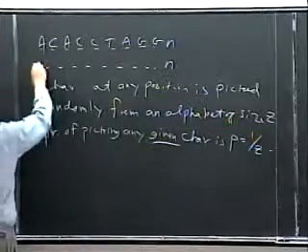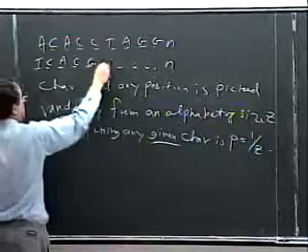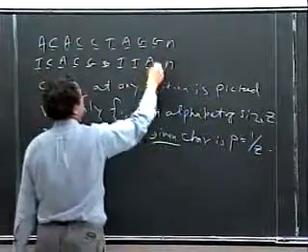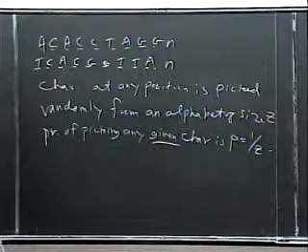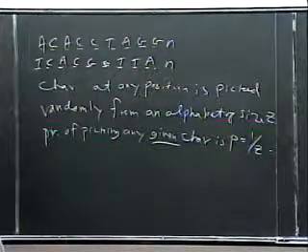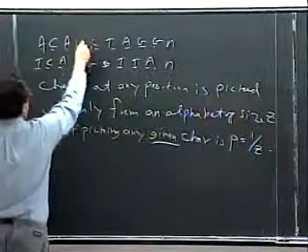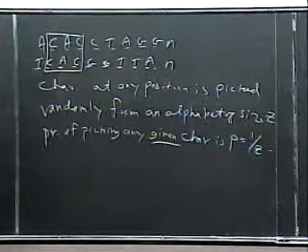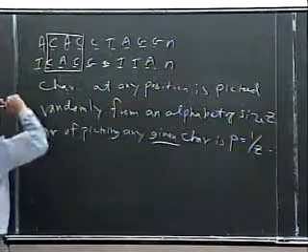And then I have T, C, A, C, G, G, T, T, A, and is there a common substring longer? Oh, look at that. I did this one without paying attention to this at all. And here's one. Now, of course, this is in the same position. That's purely coincidental. It doesn't have to be in the same position to be a common substring.